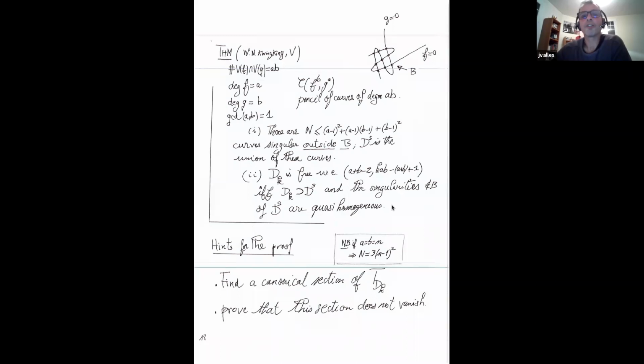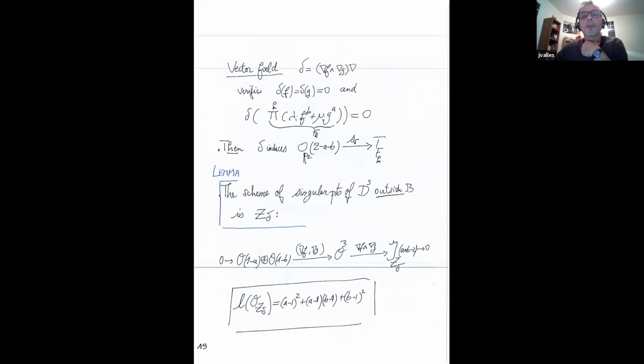So the strategy is exactly the same. We find a canonical section to all the DK, and we prove that this section, or we try to prove that this section, does not vanish at all in P2. The same vector field still acts.